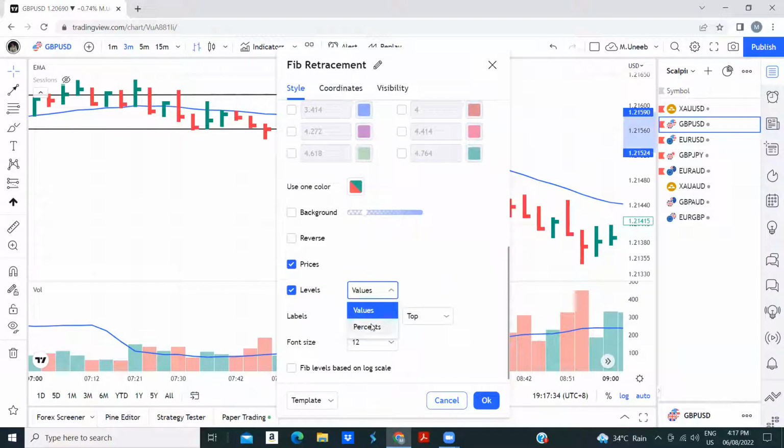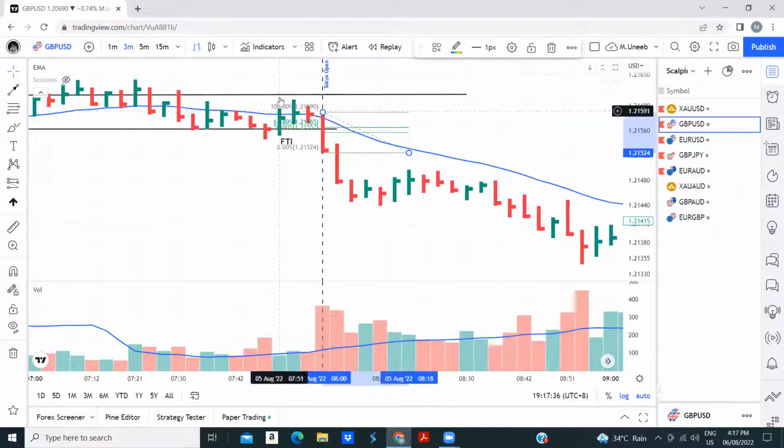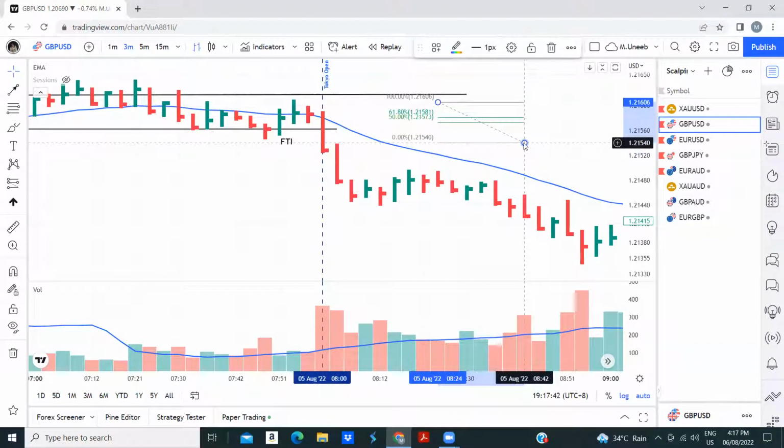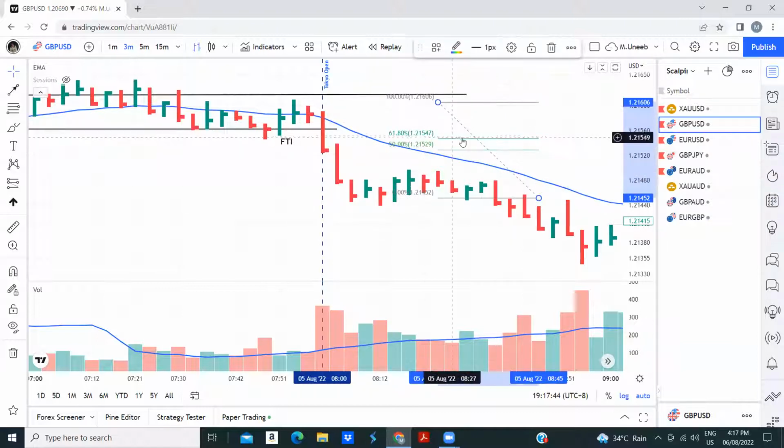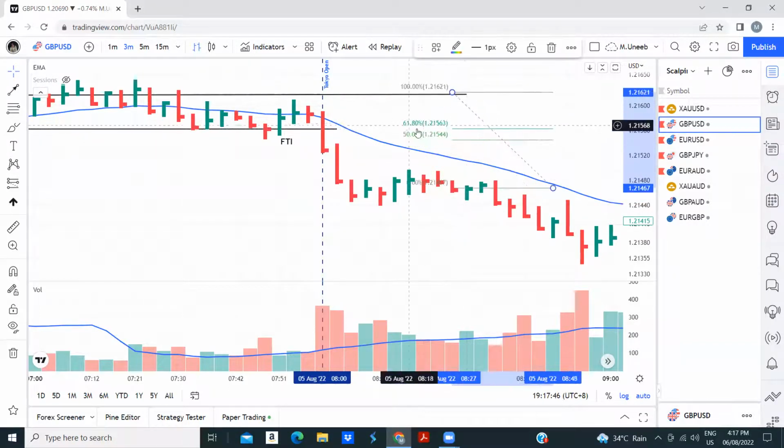Now, if I just extend it like this, you can see there are percentages like this. One is 61.8, one is 50%. So your stop loss should go in between of these two.